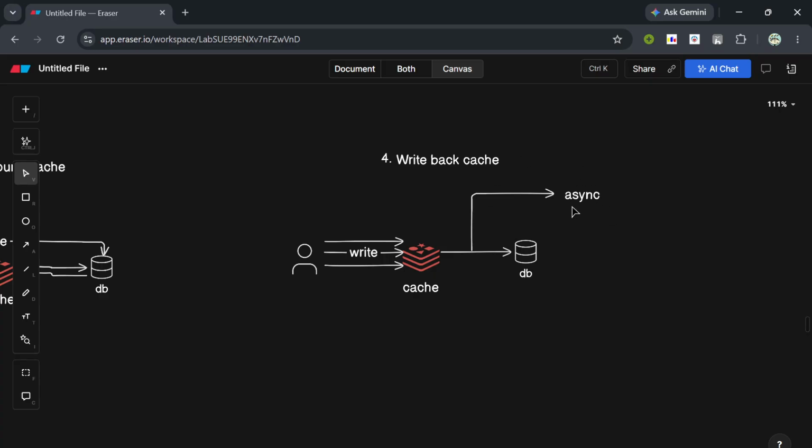But it has its disadvantage as well. Since we are updating in an async manner, let's say we queried our data from the database, and at that time the database still did not get updated with the latest value.